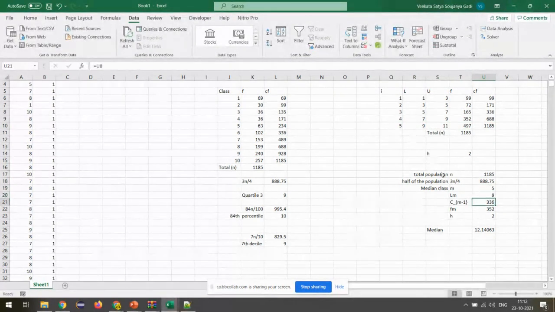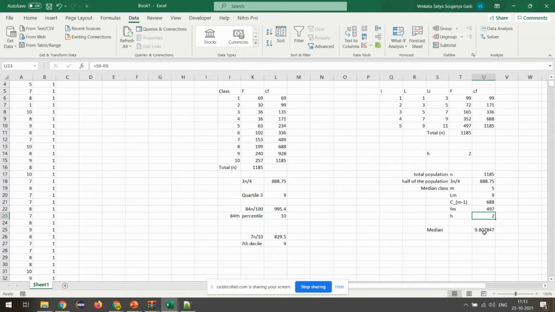See, all this is changing. The cumulative frequency before, CM minus 1, is 688. FM, the fifth one, is 497. The h remains the same. And the answer is 9.8.